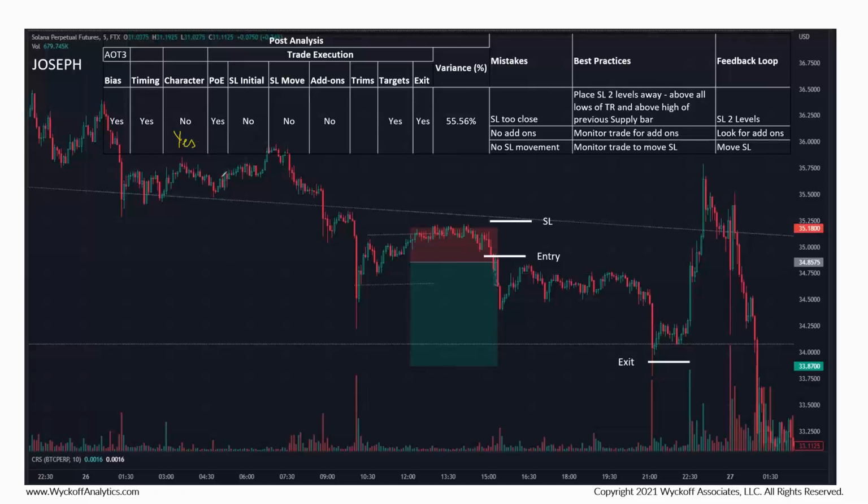Point of entry, I think we can see very, very good recognition of precondition and then getting in at the correct point there. His initial stop loss, he gives himself an X on that as well.